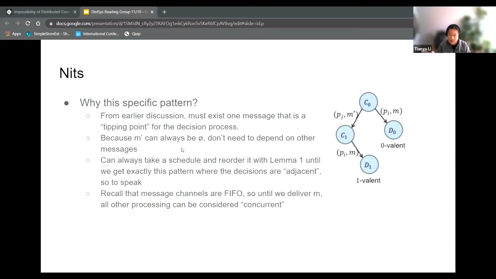Everything happening elsewhere in the system is concurrent with this message, because there's no dependency between this message being delivered and all the other concurrent messages. So I get to play around reordering them however I want, and eventually I'll run out of stuff to do. So I have to deliver this message, otherwise I'm stuck. So you just have to take my word for it that this pattern is fundamental, and if you don't get this in a particular execution, you can always reorder it so you get this configuration.